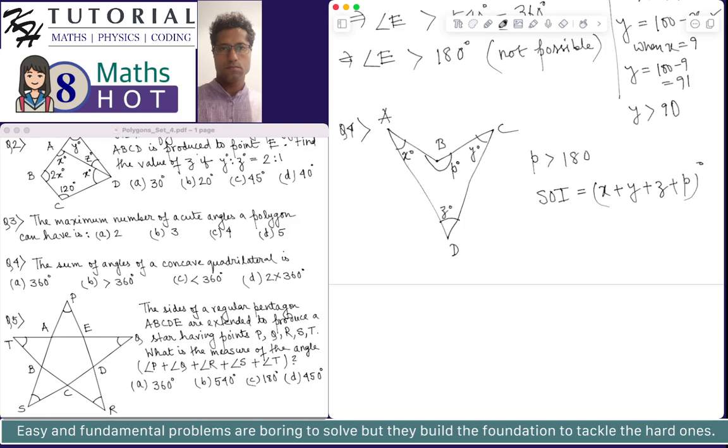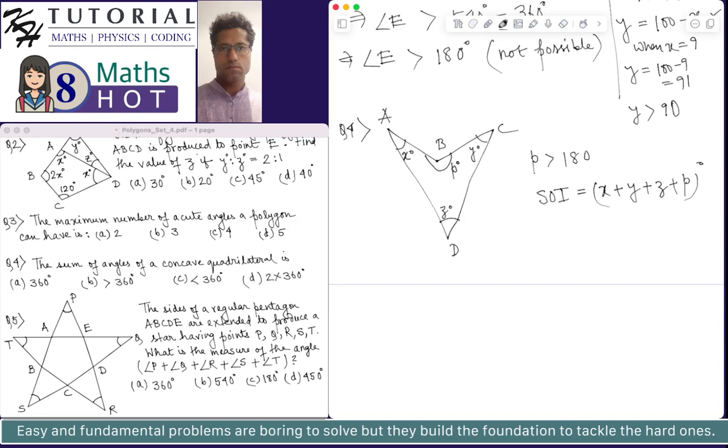The sum of angles of a concave quadrilateral. Okay. Now, I think we can possibly use the properties of triangle.